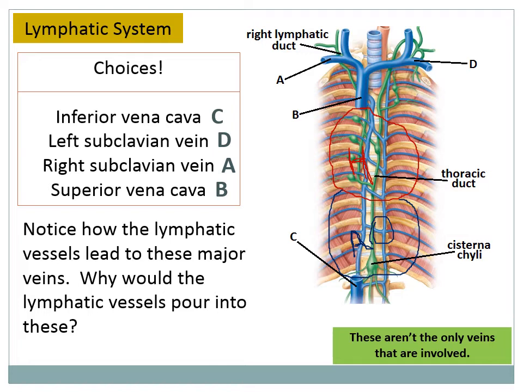So notice that the lymphatic vessels, which are in green, lead to these major veins. They lead to things like your inferior vena cava, your left subclavian vein, your right subclavian vein, and your superior vena cava. So why would the lymphatic vessels pour into these veins?